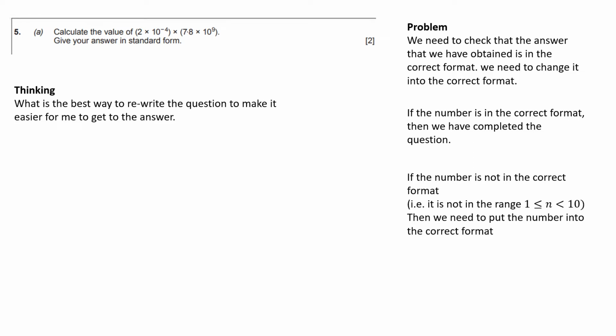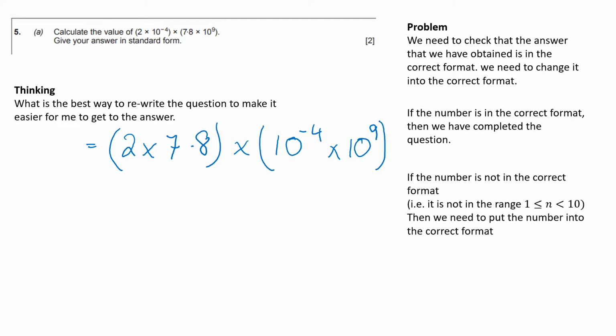Now, in terms of this one, this can be rewritten as 2 lots of 7.8. So dealing with the numbers, and then times 10 to the minus 4 times 10 to the power of 9.